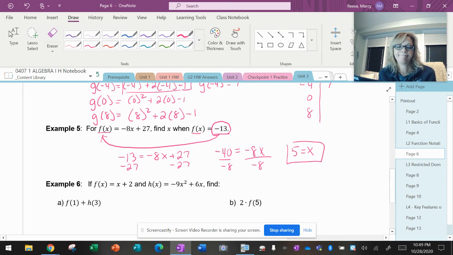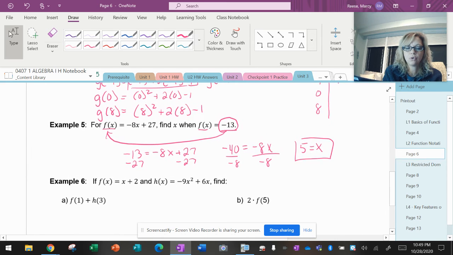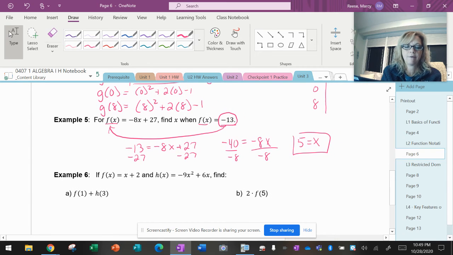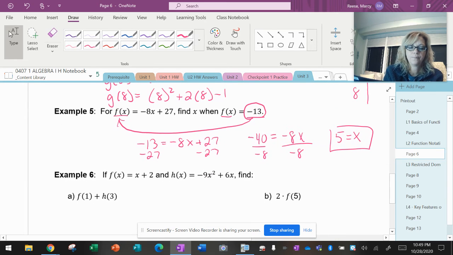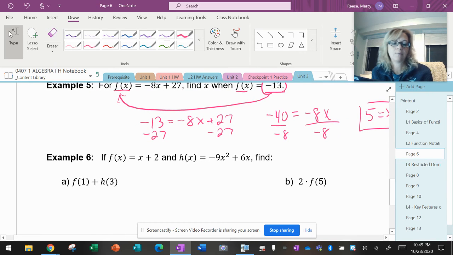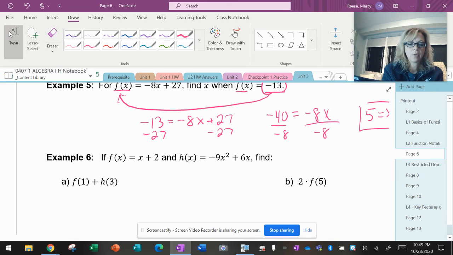There's my solution. All right, so I've got one more I'm going to show you, and then I'm going to have you try example 7 on your own. All right, so let's look at example 6 here. So now I've got f of x and I've got h of x, okay? Two different functions, and it says f of 1.